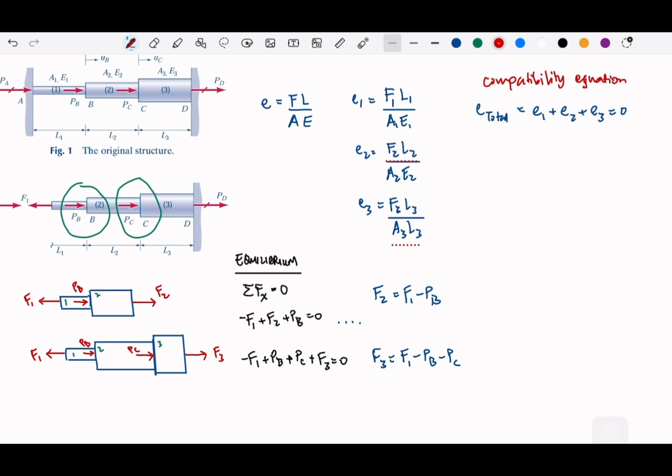Okay, now every part for F2 and F3 we can exchange with our system of equations. Okay, so first we can exchange the F2 by taking the F1 minus PB from our system of the force, and F3, right?